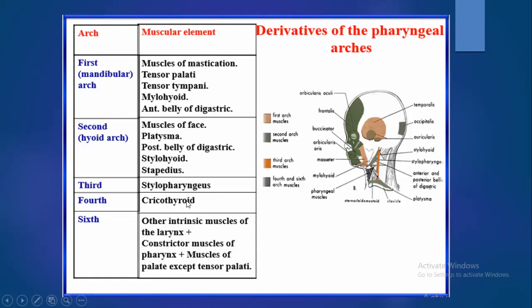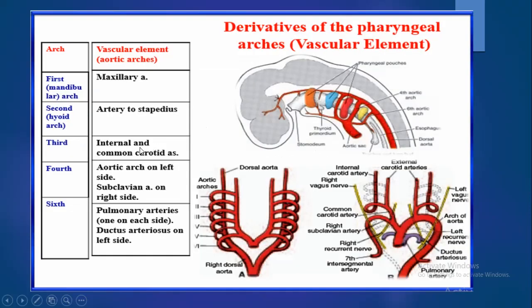This muscle is very important in tensing the vocal cord, so it is very important for singers. The sixth gives the other intrinsic muscles of the larynx, plus the constrictor muscles of the pharynx, plus muscles of the palate except tensor palatini, because tensor palatini is supplied by the mandibular nerve.